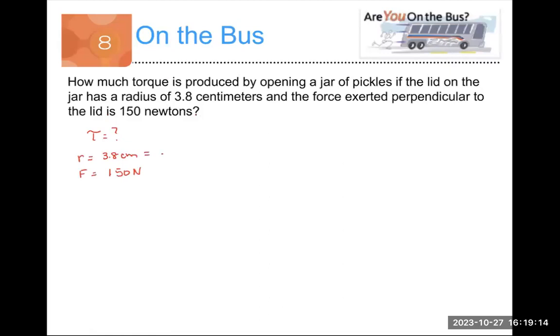That's going to be 0.038 meters. So my torque is R times F, which is 0.038 meters times 150 newtons. And that's going to give me a torque of 5.7 Newton meters.